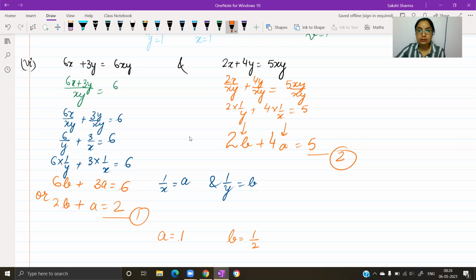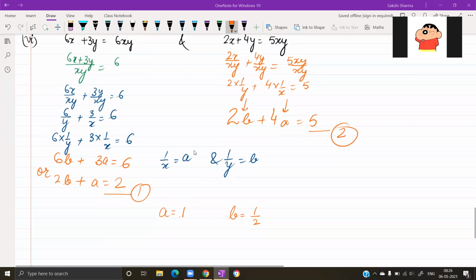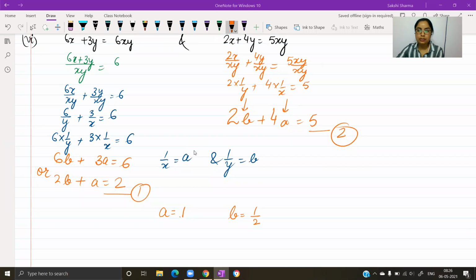Yes, Kudrat. Excuse me, ma'am. Yes, Taranpreet. Ma'am, I have taken 1 by y as A and 1 by x as B, so I'm getting B as 1 and A as 1 by 2. Obviously, the values will change.